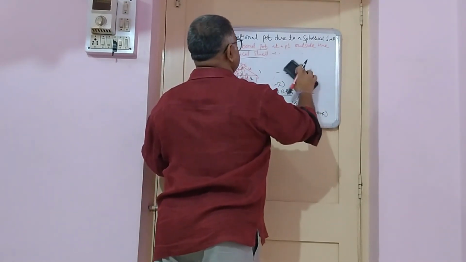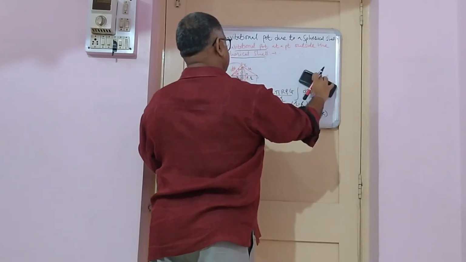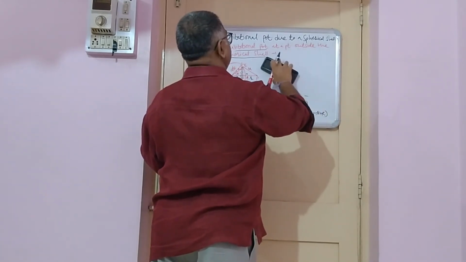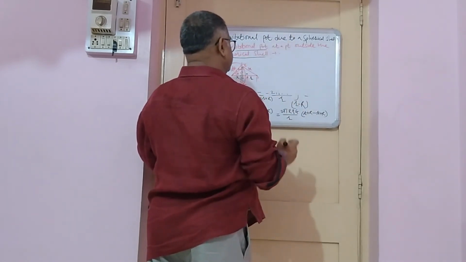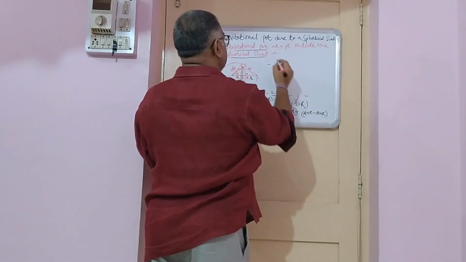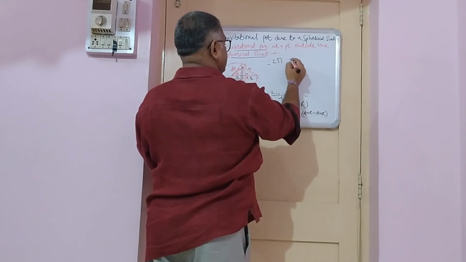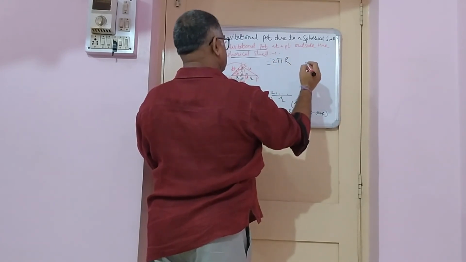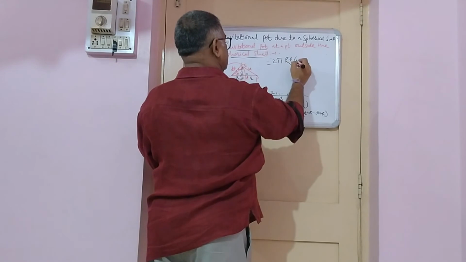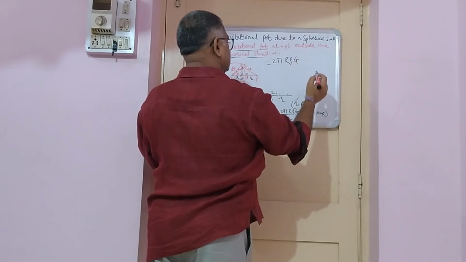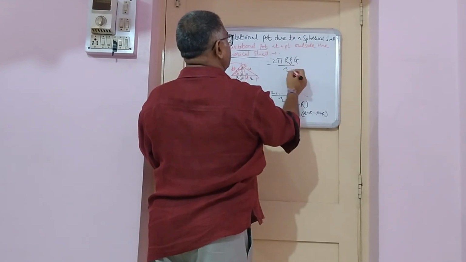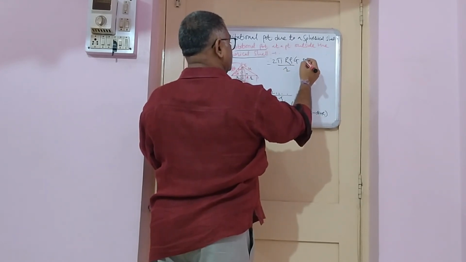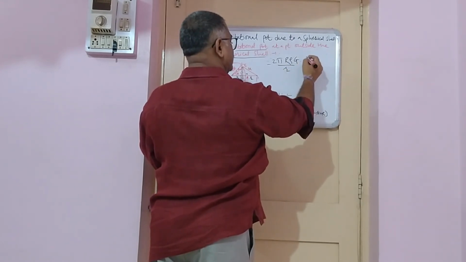Therefore we will see the simplified form, that is twice pi r rho g divided by r into twice r.